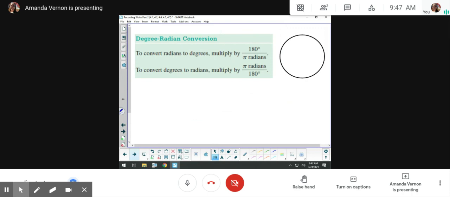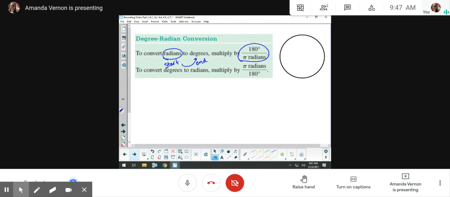So in order to convert between radians and degrees, we are going to be using this conversion. So if I am converting radians, so starting with radians and ending up in degrees, we are going to use this multiplier.